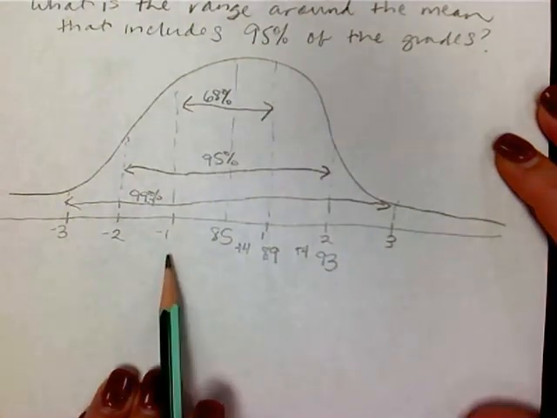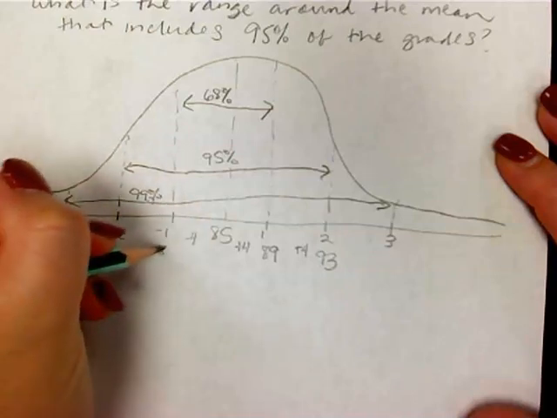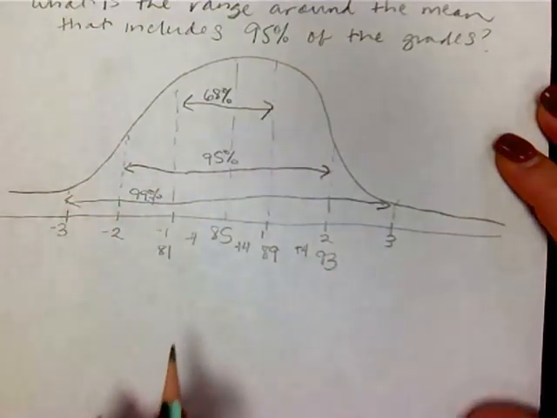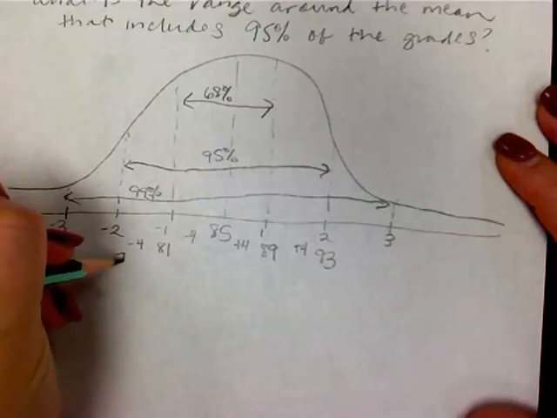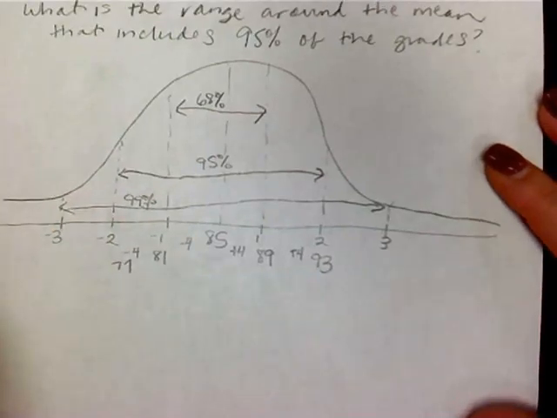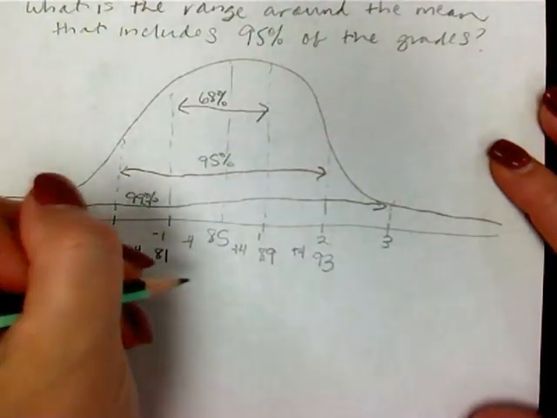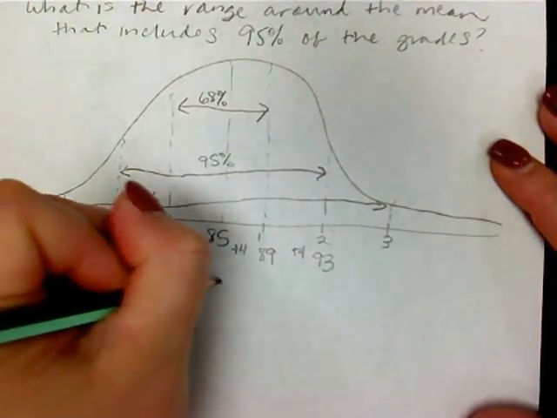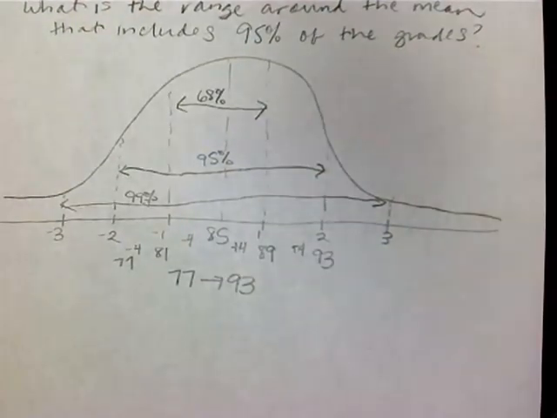To look at below, we're going to subtract 4, so 85 minus 4, and we've got 81. And then another 81 minus 4, and that's going to be 77. So our range for what is included in 95% of the grades is 77 to 93. So 95% of the students who took this test scored between a 77 and a 93.